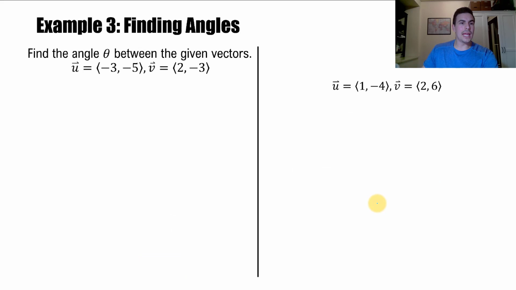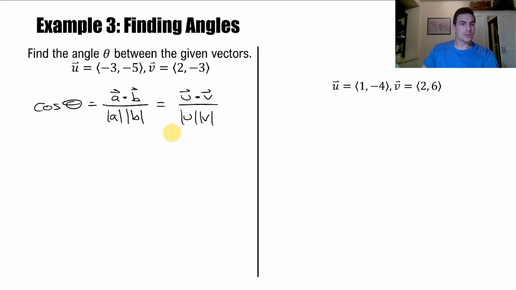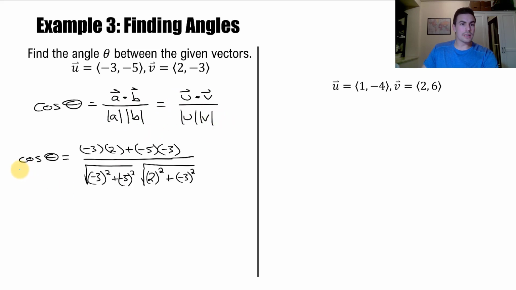We're going to find the angles between the given vectors. So we're given these vectors in component form. And again, we just need to use our equation. Cosine theta is going to be a dot b over our magnitudes. In this case, it's going to be u dot v over our magnitudes. So u dot v looks like -3 times 2 plus -5 times -3.